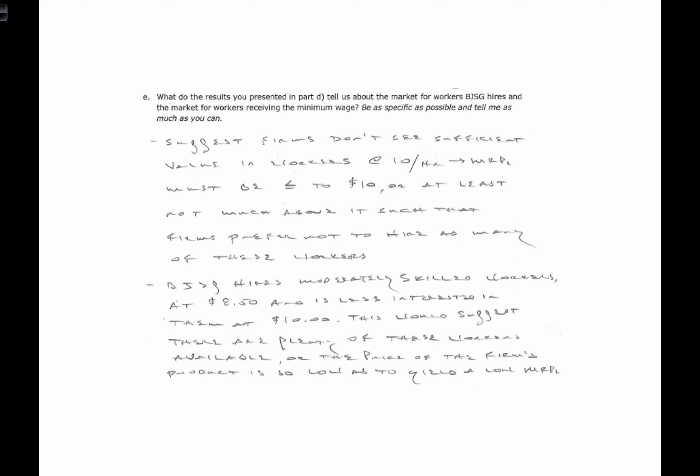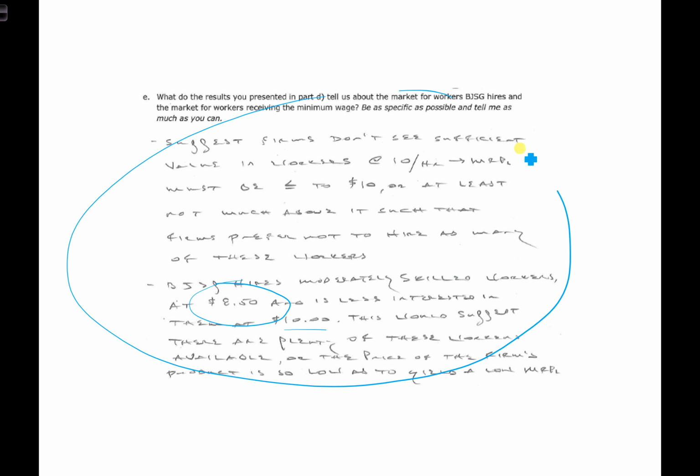It suggests that being able to hire a moderately skilled worker, but at $8.50 an hour, that also suggests there might be a surplus of moderately skilled workers in this market. Otherwise, I would think a moderately skilled worker would earn more like $10, $12, or $15 or $20 an hour. I would think $8.50 an hour is a low-skilled worker. There's a lot that you could have said to me here, as long as it made some sense with respect to the overall context of this problem.